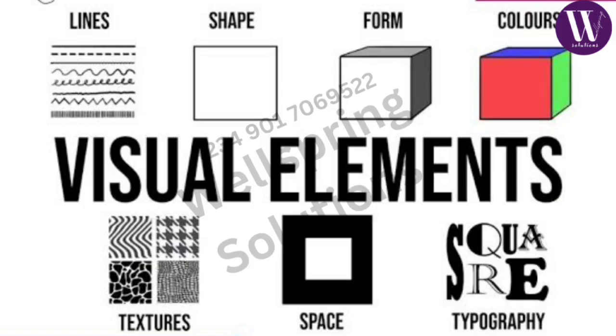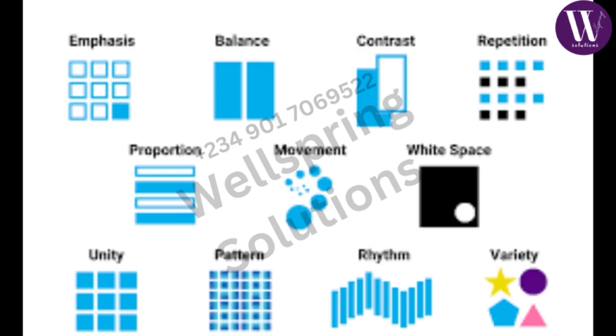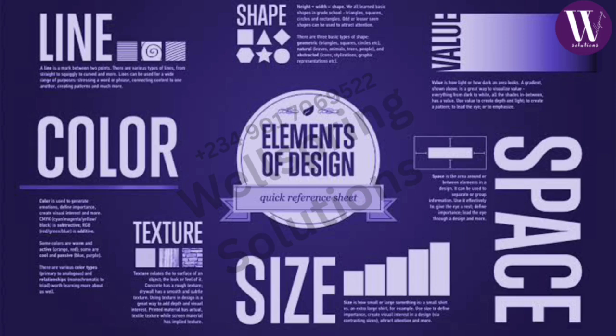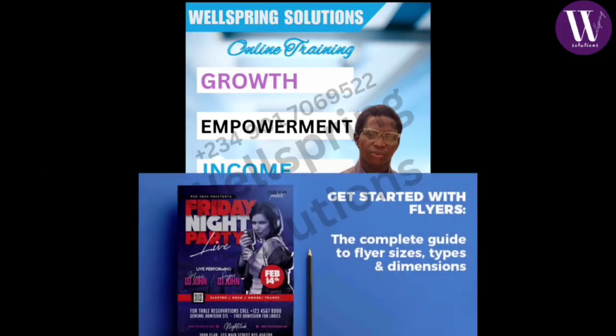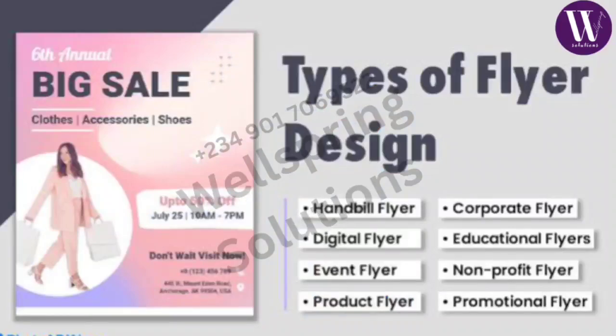When we say values, value relates to lightness or darkness of color and objects. It also relates to contrast and defining shapes and adding dimensionality to designs. We also have space in designs.